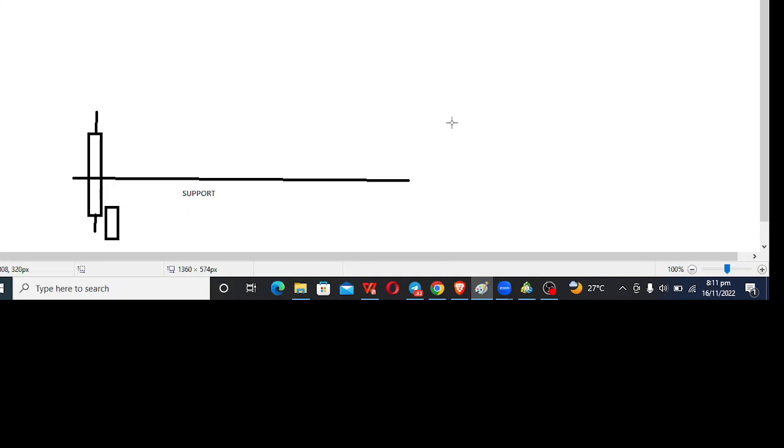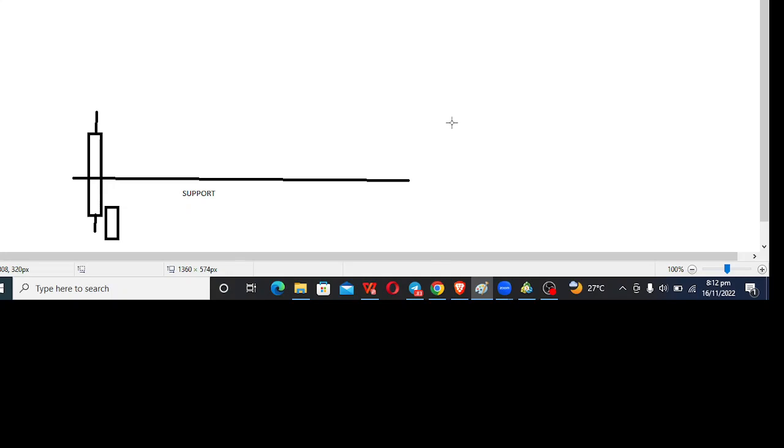With time frames, personally, anytime I analyze the market, I use daily, H4 and sometimes H1. But when I'm making an entry, when I'm picking the trade, I switch to the lower time frames, maybe 15 minutes, 5 minutes, 1 minute.